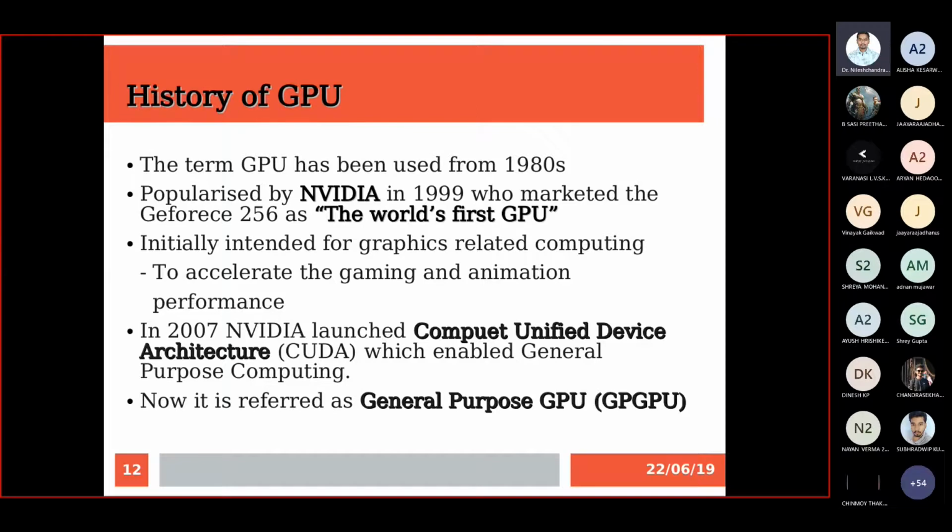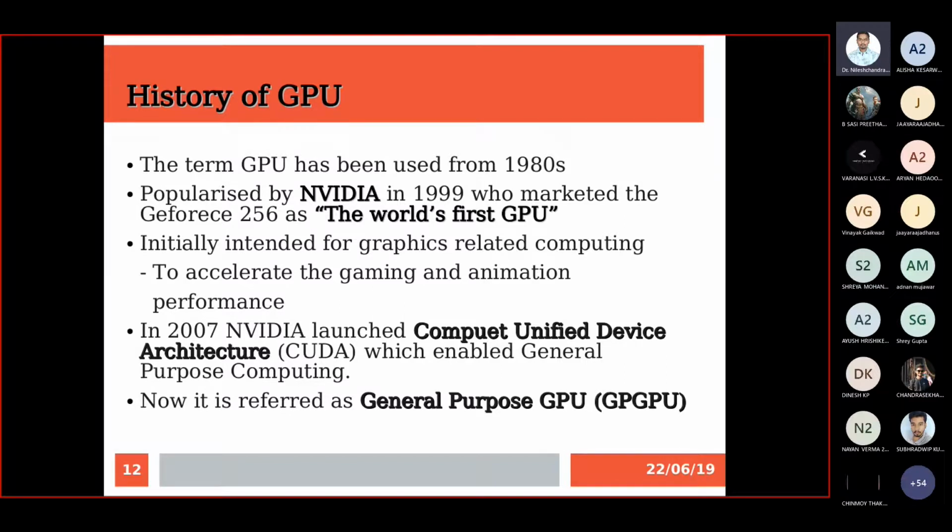Later on, in 2007, NVIDIA launched an architecture referred to as Compute Unified Device Architecture, or CUDA, which enabled general purpose computing, right? Not only graphics related, but even normal sorting algorithms we can try to accelerate using CUDA programming.